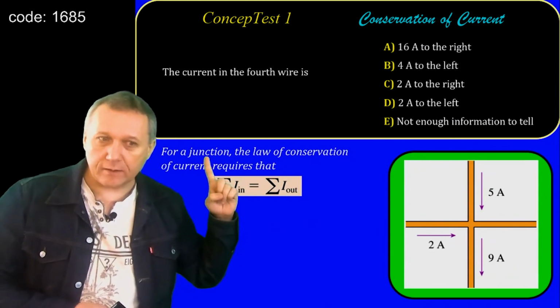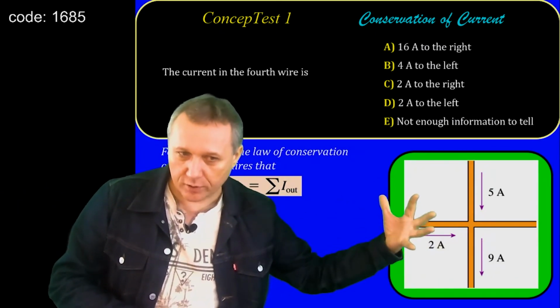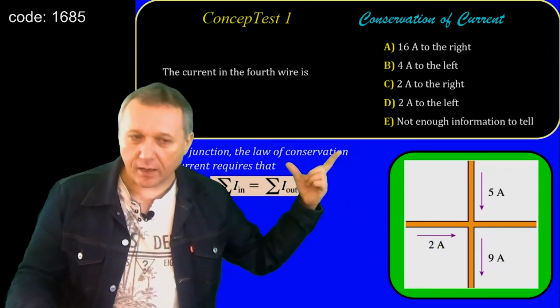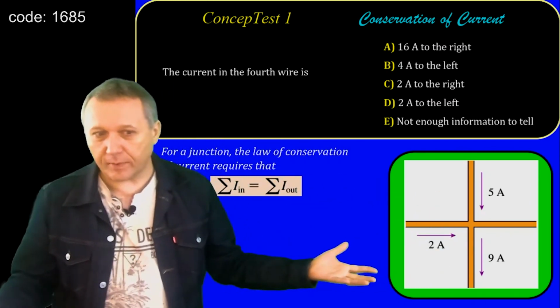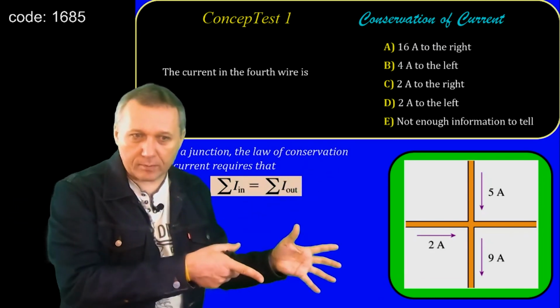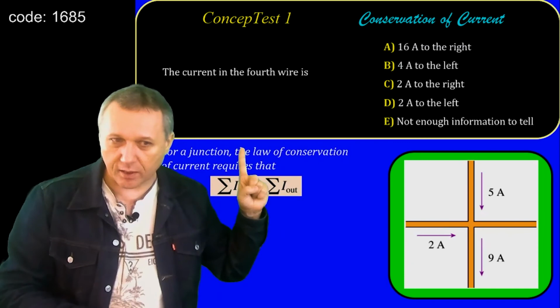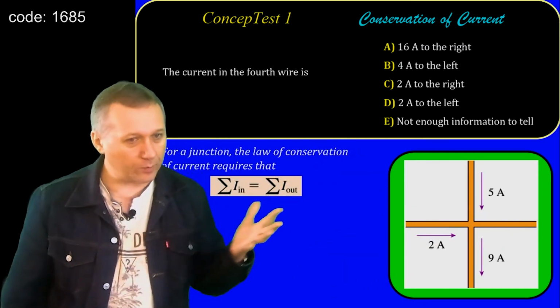If after my calculations my current is positive, it means I'm lucky, and my assumption about current direction was correct. But if my answer is negative, what a big deal. I know the number, and the minus just indicates that my original assumption about the current direction was wrong, so current actually flows in the opposite direction.